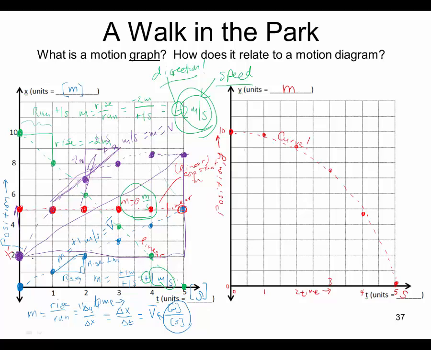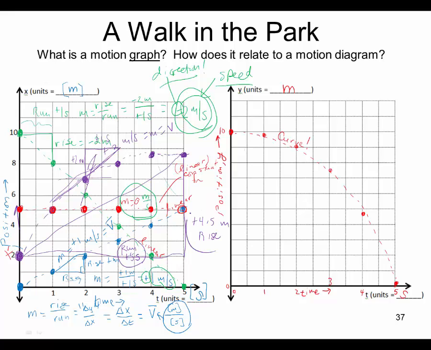Going from one point to another over this broader time frame would give us the total distance we traveled over that time frame, which is right here. We're going from 2 meters over to 8.5, and that's a gain of plus 4.5 meters. That's our rise. And our run here is positive 5 seconds.